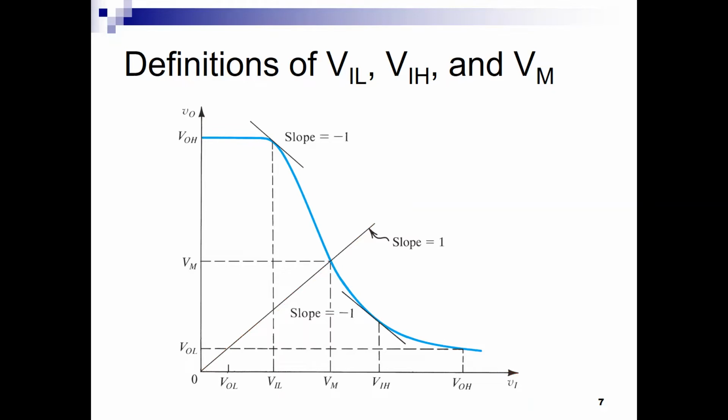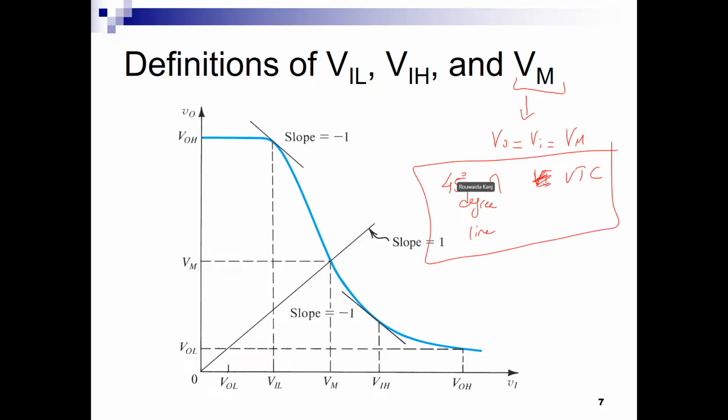So this is the point VM. The point VM is the point where VO equals VN equals VM, and it is the intersection of the 45 degree line with the VTC characteristic curve. This is the VM point.